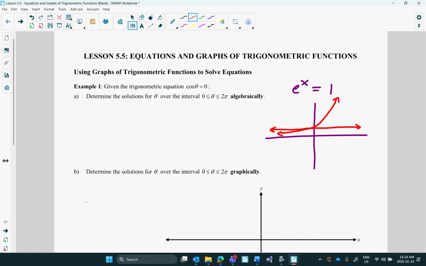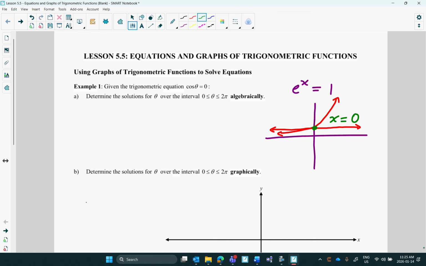On the graph. Where? So what's the answer? x equals 0. Thank you. I heard 1. So x equals 0. That's it.